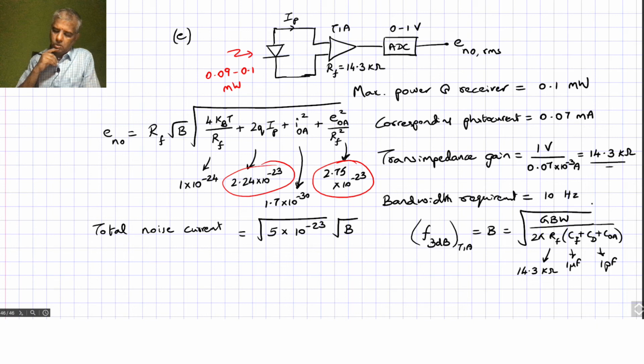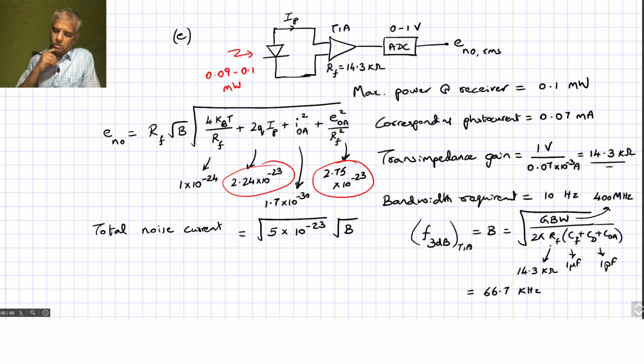And we know that the gain bandwidth of OPA656 is about 400 megahertz. If you plug in all these values, you will find that B corresponds to a value of 66.7 kilohertz. Your requirement is only 10 hertz, but you are having to deal with a B value of 66.7 kilohertz.